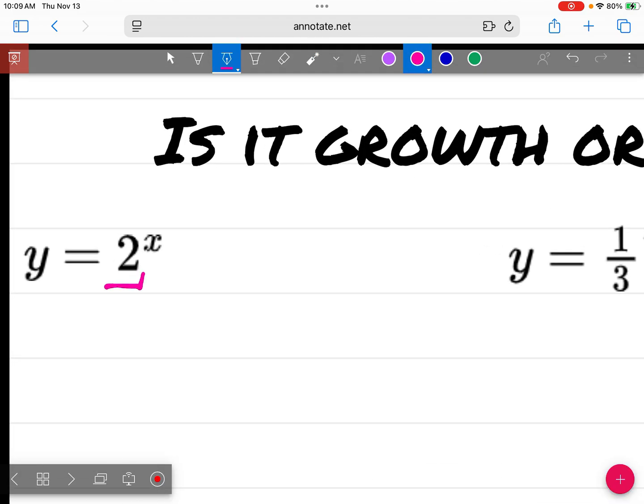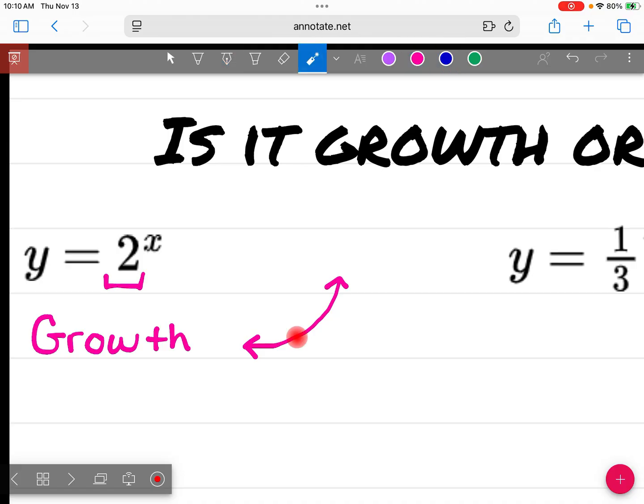Growth. Our base here is bigger than 1, so this one is growth. It would look like this. You would have our starting at 1 times 2 times 2 times 2 times 2, and it's just going to get bigger and bigger and bigger.